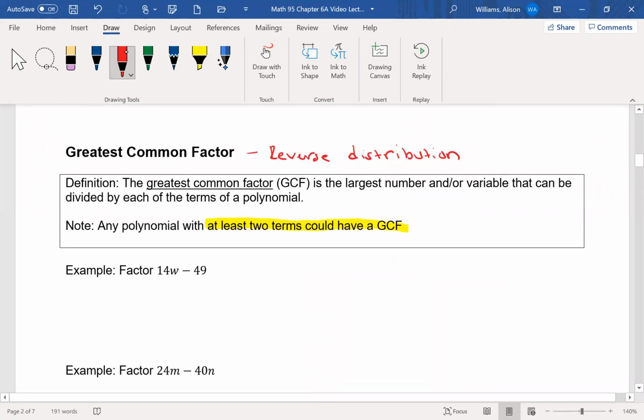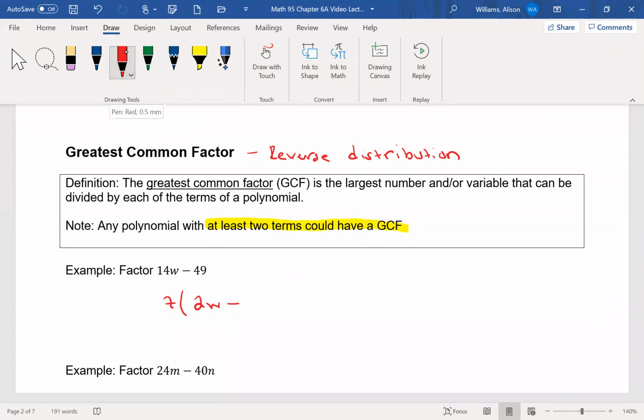Okay, so let's look at this first example here. I want to rewrite this as a distribution. So basically, I'm looking for a number that both of these terms have in common. And I notice that for the numbers 14 and 49, they have a 7 in common. So I could rewrite this with a 7 outside parentheses. And then inside the parentheses would be 2w, because 2 times 7 is 14.